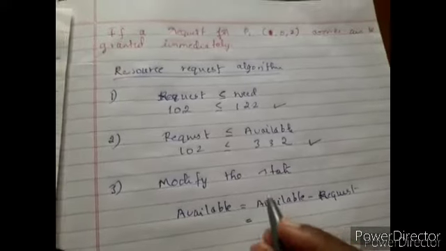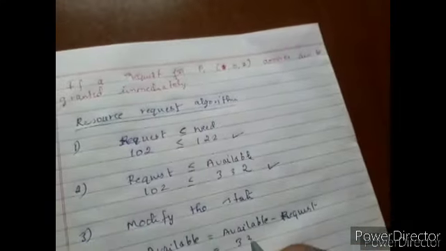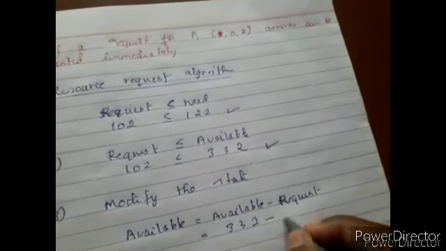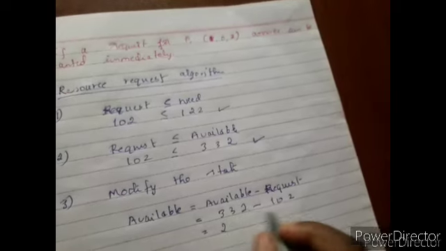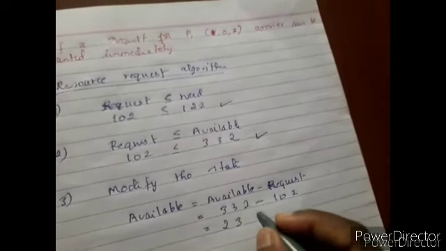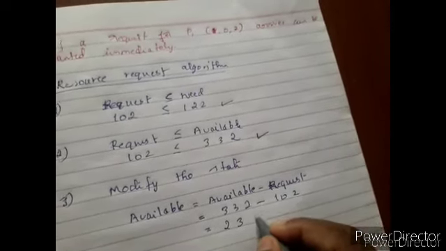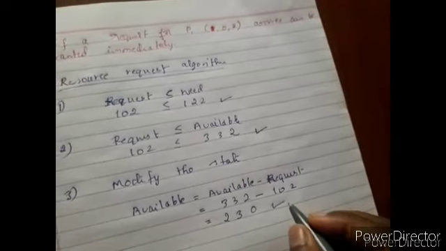What is the available value? Available is nothing but 332. So 332 minus the request value, that is 102. So 3 minus 1 will get 2, 3 minus 0 will get 3, and then 2 minus 2 will get 0. Now this is the available value.